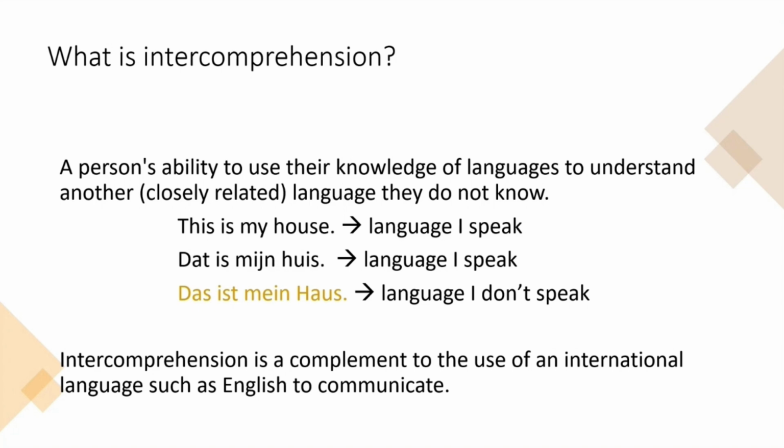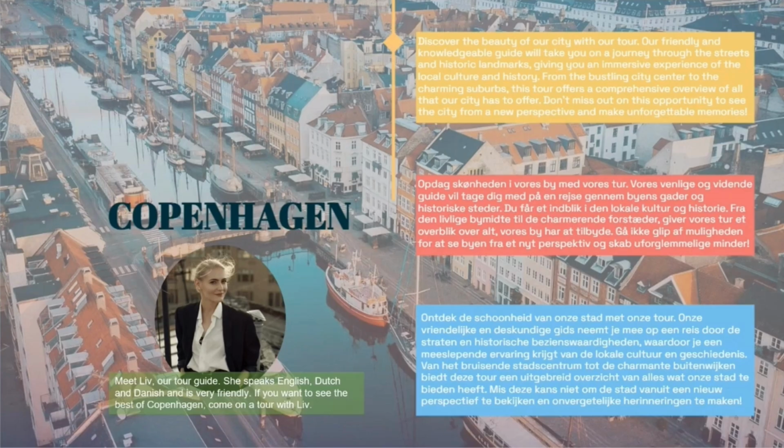So if I can speak those two languages, and even if I can speak one of these two languages, I can understand the third one in German, even though it's a language I don't speak. So it's the idea that you can capitalize on your own languages or language to understand other languages. And it's an alternative or complement to the use of an international language such as English to communicate.